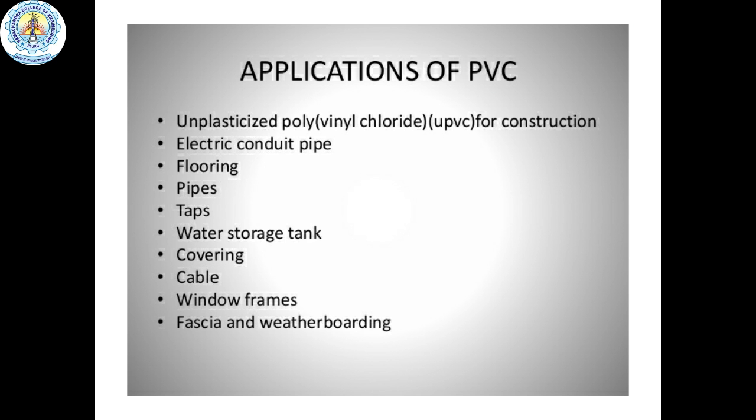Coming to the applications of PVC. PVC can be used in the preparation of electrical conduit pipes, floorings, taps, water storage tanks, cable wires, window frames, etc. This is about the individual polymer polyvinyl chloride.